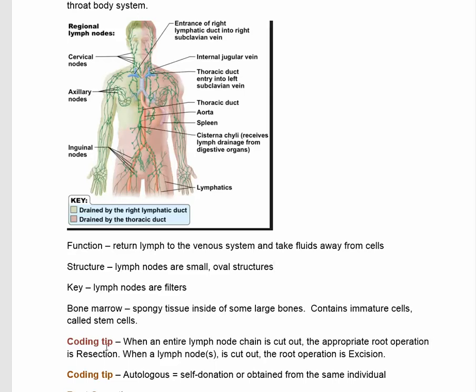But in order for us to code resection, we have to have more than just pieces removed. And because the lymph structures are very small and they are multiple structures, in order for us to code resection, an entire lymph node chain has to be removed. Level is another word that the physician may use. He may say lymph node level, and level and chain are synonymous.